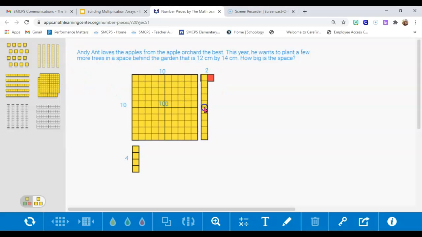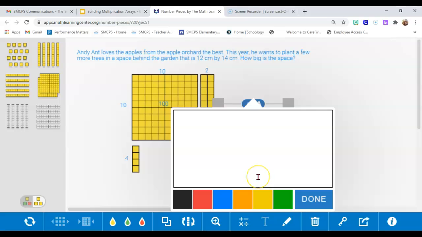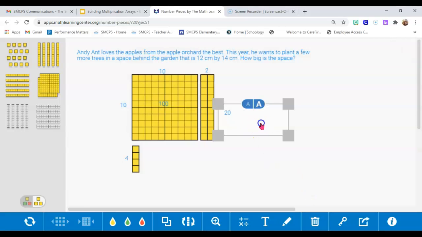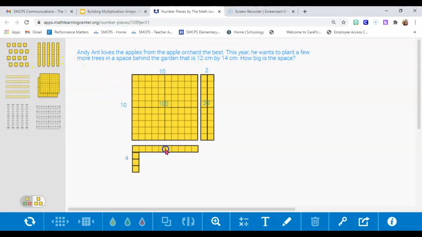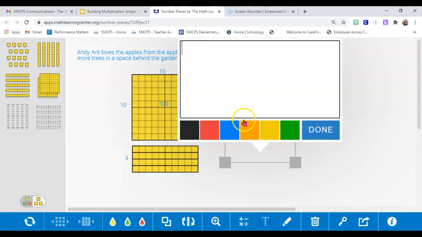So I'm going to put 2 strips. And I know that's 20. Now I have 4 times 10. 4 times 10 is 40. So I'm going to use 4 strips. And that is 40.